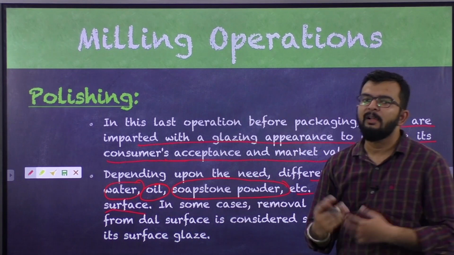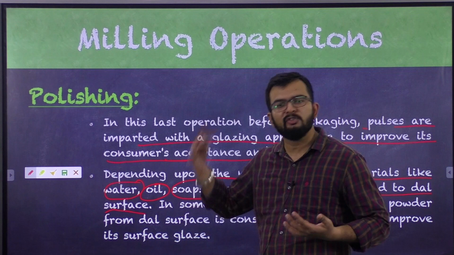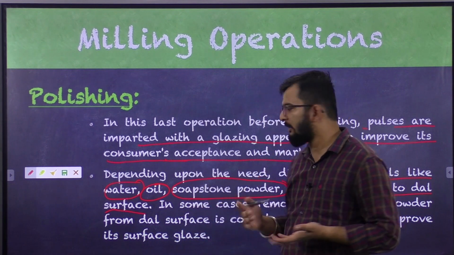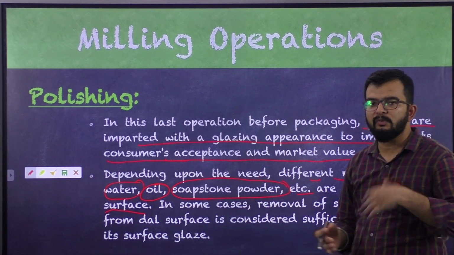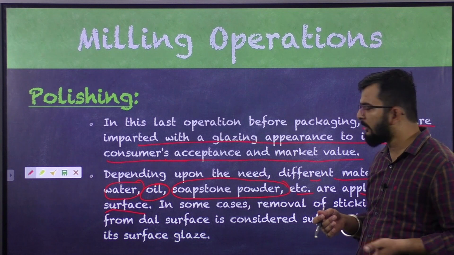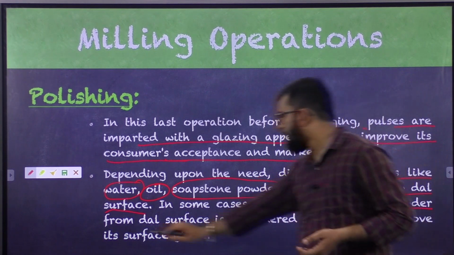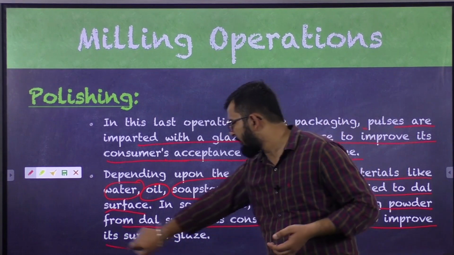So this will help. Water will help remove any powder that is left over on the surface during the milling process, while oil will provide a luster to the surface. Or for providing luster, soapstone powder is also used, which will smoothen the surface of your pulses. In some cases, removal of sticking powder from the dal surface is considered sufficient to improve its surface glaze.